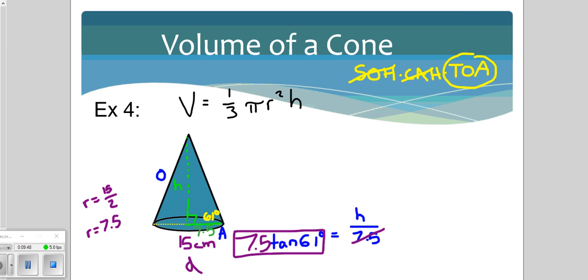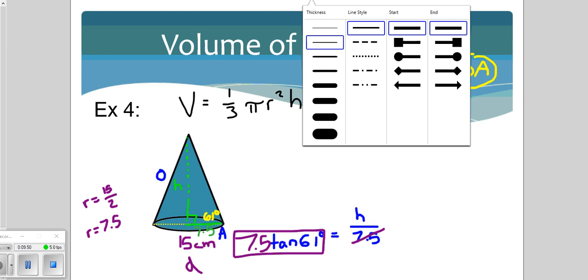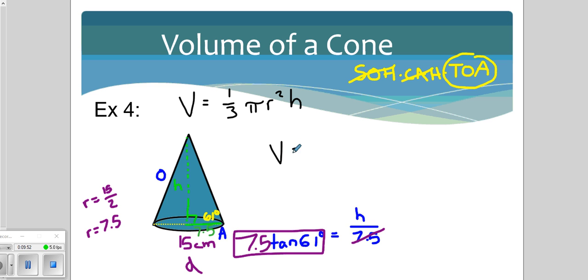So now I'm ready to type everything into the formula. So our volume will equal 1/3 pi times our radius, which was our 7.5 squared, times our height, which was 7.5 tangent 61. And I would just type all of that in at once.